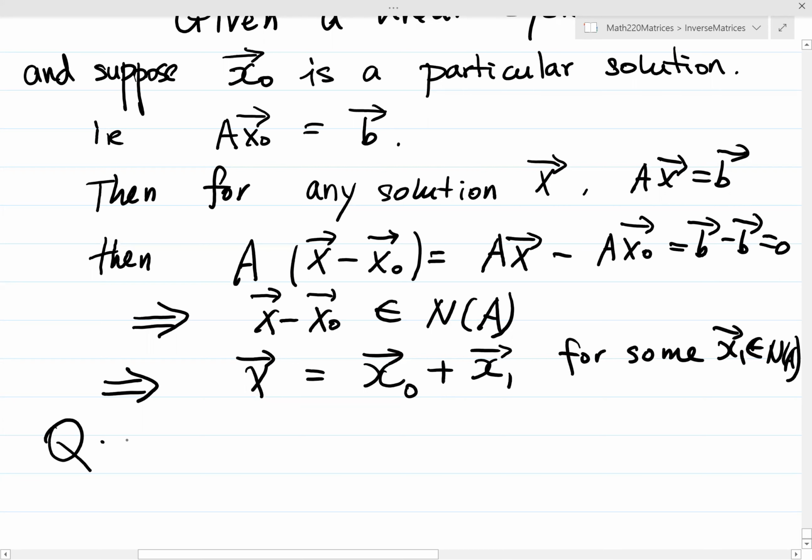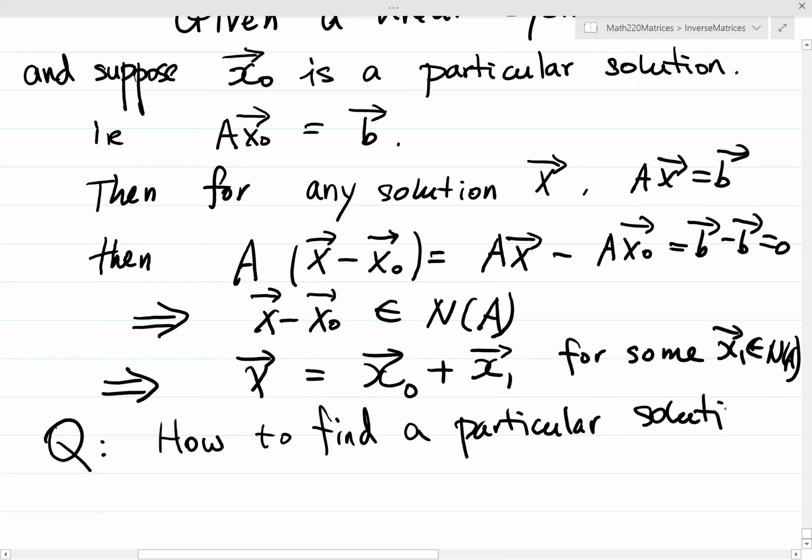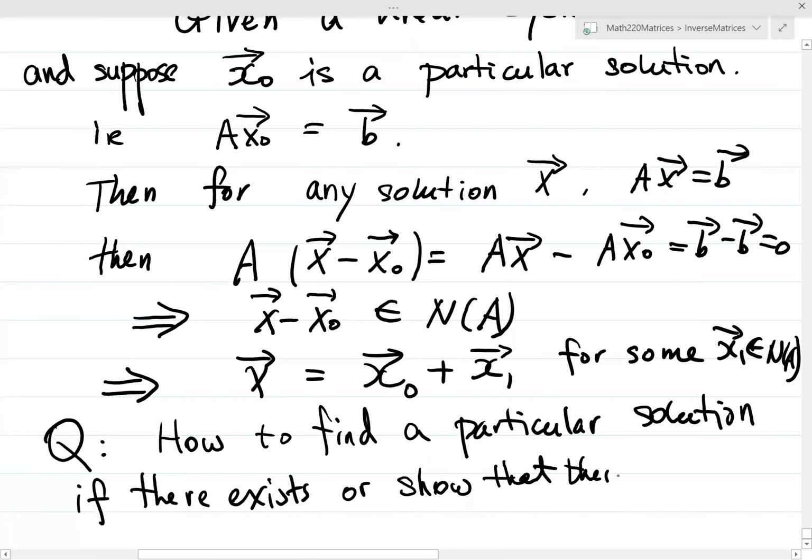Now the next question: how do we find a solution? How to find a particular solution if there exists one, or show that there's none, so that there's no solution?